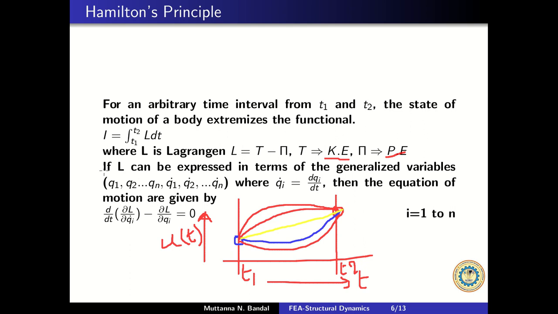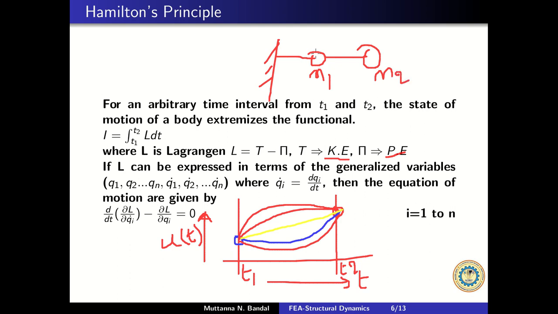Now, if L can be expressed in terms of generalized variables Q1, Q2, up to Qn, and Q1 dot, Q2 dot, up to Qn dot, here Q1 refers to the displacement of mass 1 and Q2 refers to the displacement of mass 2. Suppose I have two masses like this: this is M1 and this is M2.